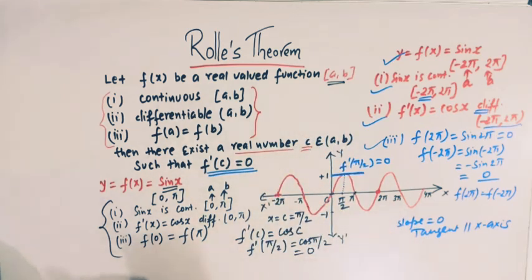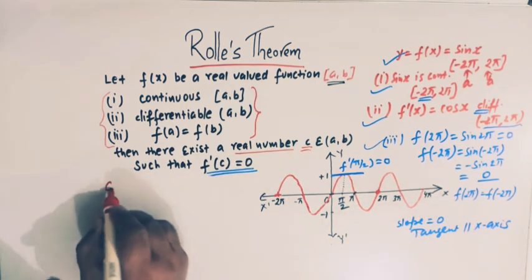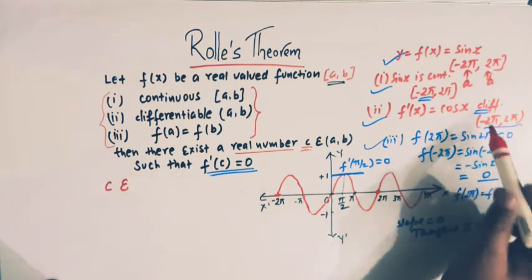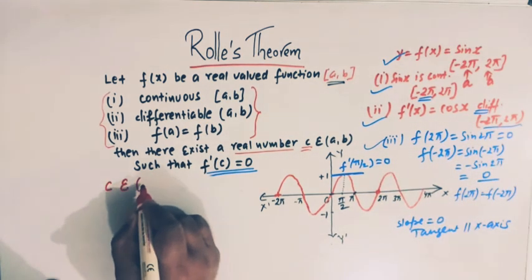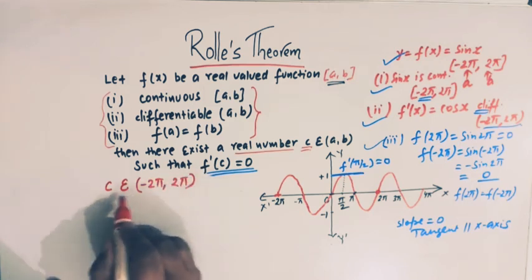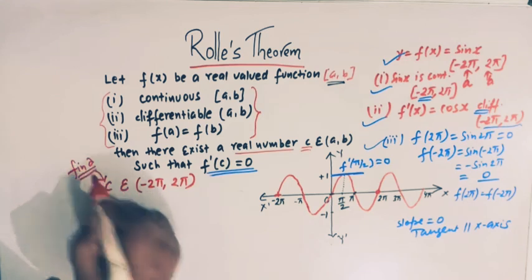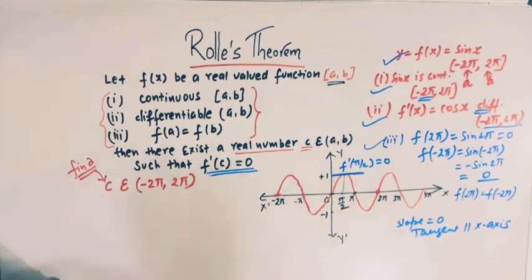So here our c must belong to this interval, that is minus 2 pi to 2 pi. So let us now find the values of c with the help of the graph, right?